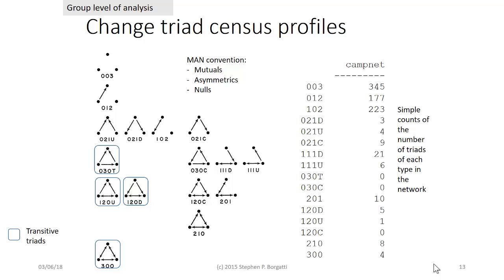Now, this one is transitive because I can go from the top over to the right, over to the left, and then from the top straight to the left. It just has asymmetry, that's right. If you're trying to figure out transitivity, it doesn't matter about that. But overall, you can have triads from any time. They're still triads.